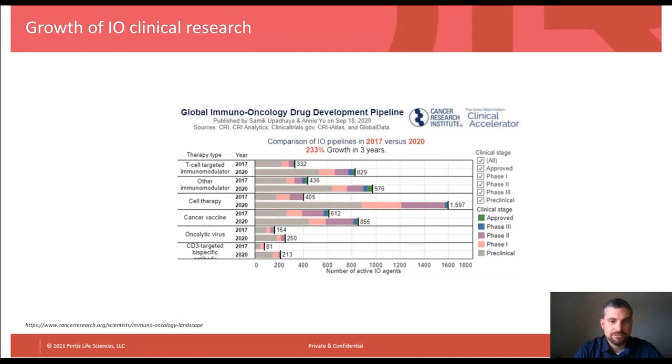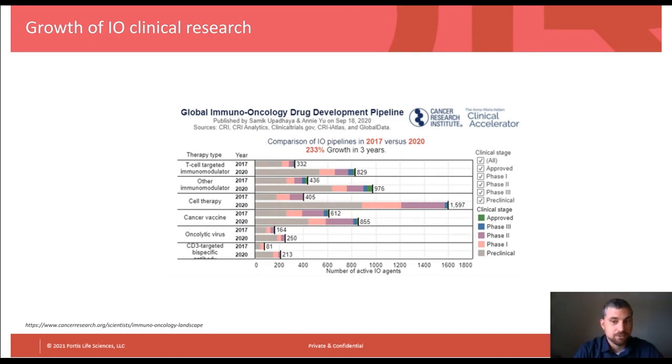And you can see a handful of different therapy types over on the left. And you'll notice for each therapy type, we're seeing just massive growth, even between the years 2017 and 2020. It's estimated to be just over 230% growth just over this 3-year period.